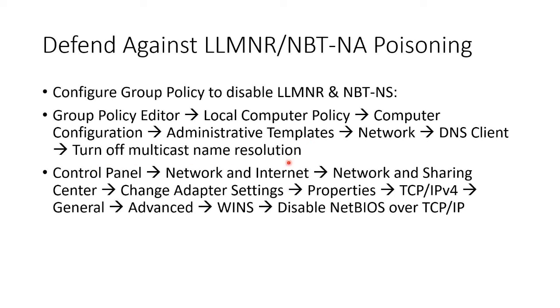And then for NBT, go to control panel, network and internet, network and sharing, the adapter settings, the properties, TCP/IP version 4, general, advanced, WINS, disable NetBIOS over TCP. So if you want to follow this step, you can see how to shut these non-DNS lookup services off. So those are some other common methods, short of physical attacks, to try to get passwords.